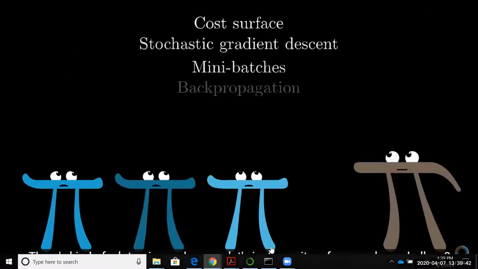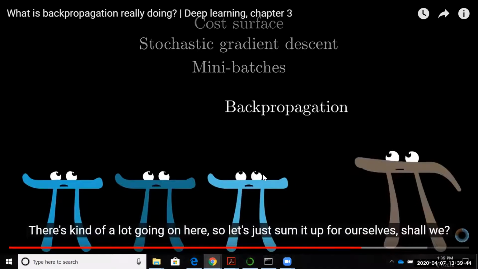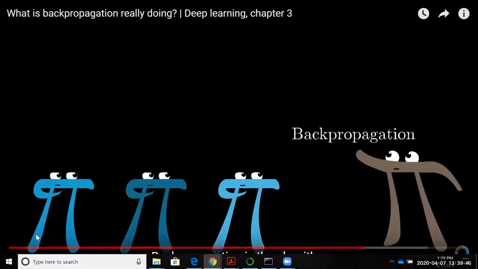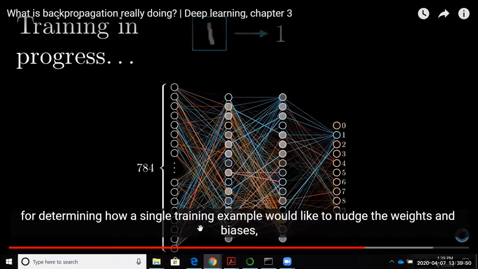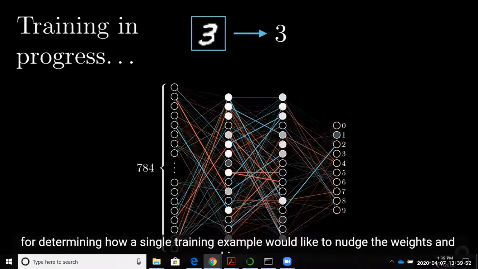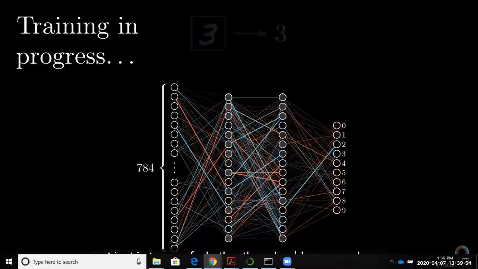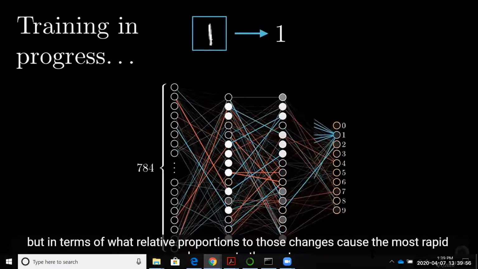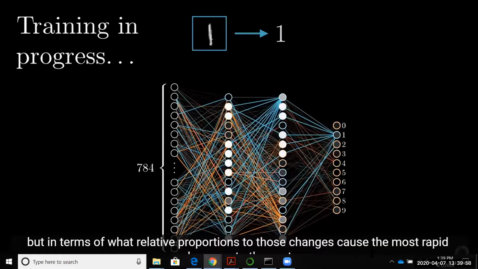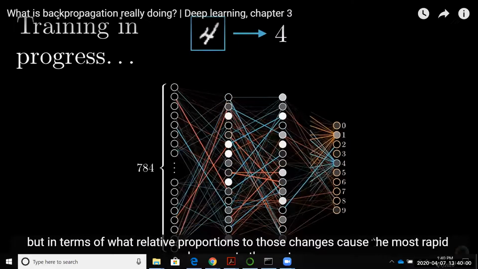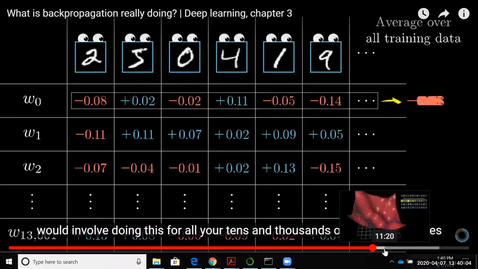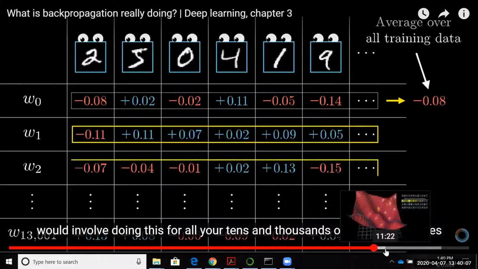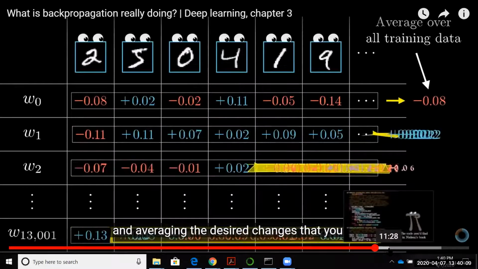There's kind of a lot going on here, so let's just sum it up for ourselves, shall we? Backpropagation is the algorithm for determining how a single training example would like to nudge the weights and biases, not just in terms of whether they should go up or down, but in terms of what relative proportions to those changes cause the most rapid decrease to the cost. A true gradient descent step would involve doing this for all your tens of thousands of training examples and averaging the desired changes that you get.